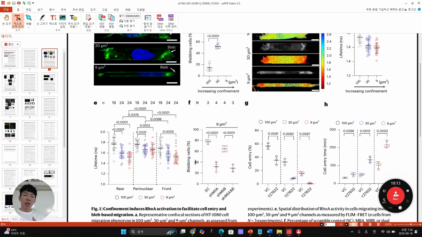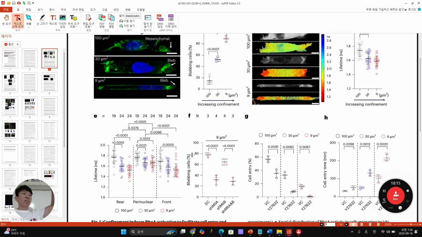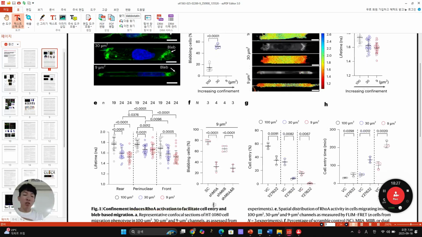And then, okay, this power, Rho activity, is upstream, right? And then Rho, ROCK, MLC, phospho-MLC, and then myosin 2 activity increases. So downstream, which kind of myosin 2 is activated? A, B, C. SH is like silencing. They tried silencing A, B, C, A, B, A and B. They found that when they silence A, blebbing cells go down, which means that they experience less power, right?